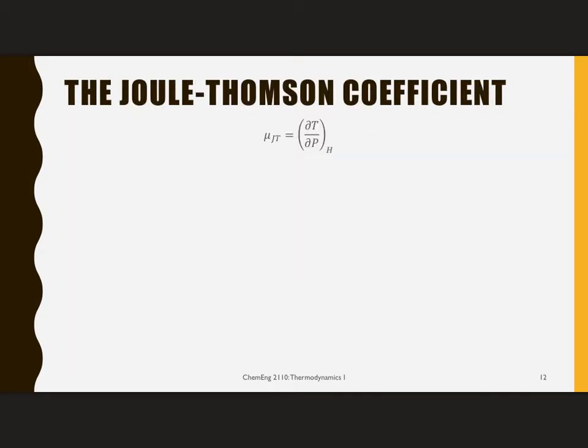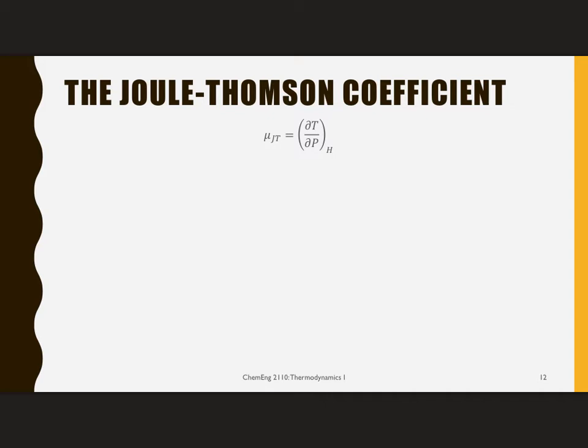Let's do this for an example problem, which is the Joule-Thomson coefficient. The expansion valve or throttling valve that we looked at in the vapor compression refrigeration of the last chapter is an isenthalpic process. And one of the things that's very useful for that is, if I change the pressure so much, what is going to happen to the temperature?